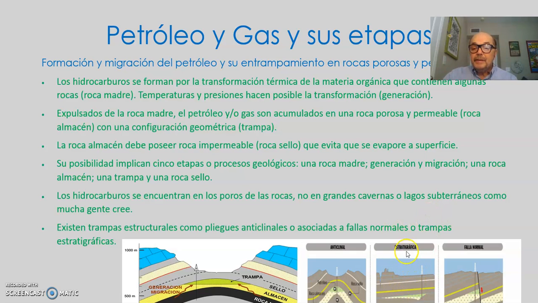And this is the stratigraphic trap that I mentioned with the seal, and the oil can also be trapped in between a sealing fault and a sealing rock. That's how you find this kind of trap.